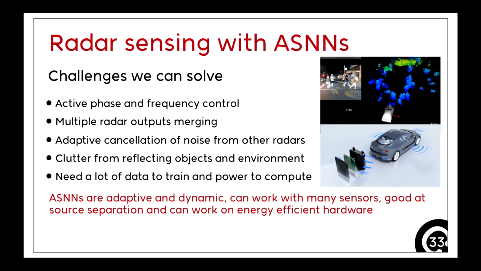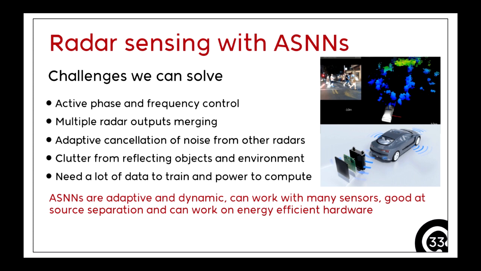We also see big potential for adaptive spiking neural networks in radar and lidar sensing. In radar and lidar sensing, we have problems with cancellation of noise and many possibly reflecting objects and so on.